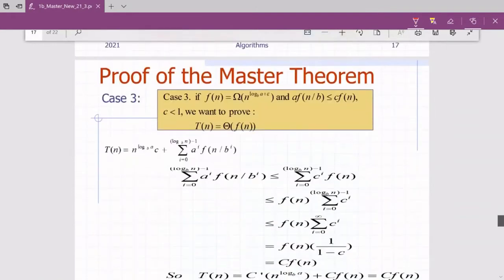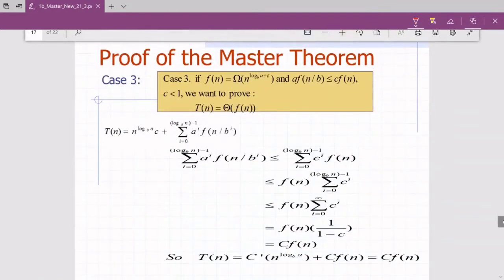The proof for the third case, we can continue. And the third case says f(n) equals something a little bit bigger than n^(log_b a), because I have a plus positive epsilon.